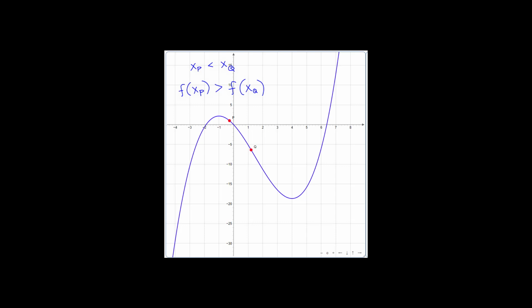That tells me that I'm on an interval that is decreasing. And if you look at the graph, that makes sense because going from left to right, starting from this point, going all the way over to here, I'm on an interval that is decreasing. So that's what we're seeing through this statement and through this rule.